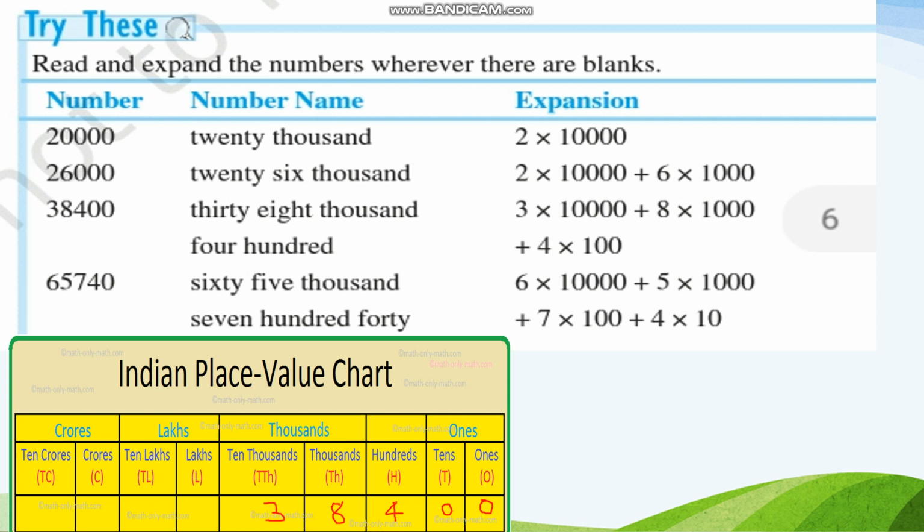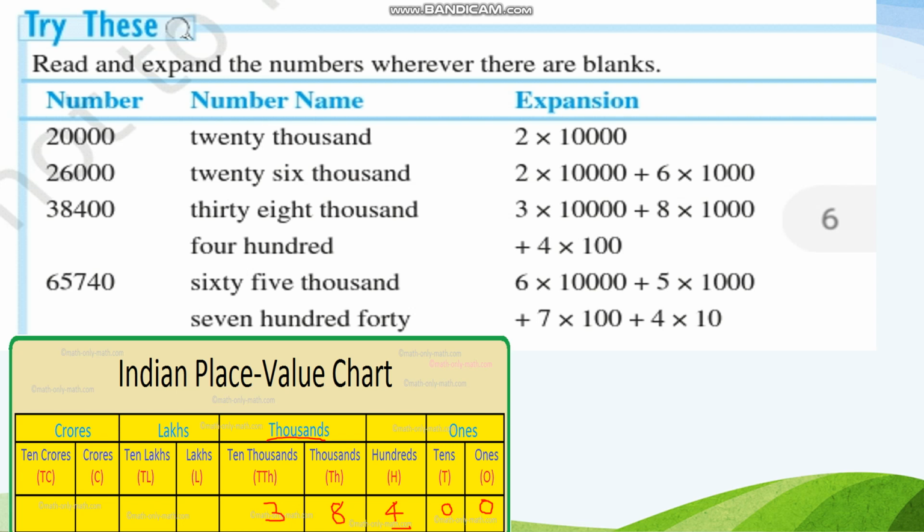Now read this number. 3, 8, ten thousands and thousands. Both together come in thousands period, isn't it? So 38 thousands, then 400. 4 in hundreds place. Okay. 400. The rest of the digits are 0. So 400. That's it.